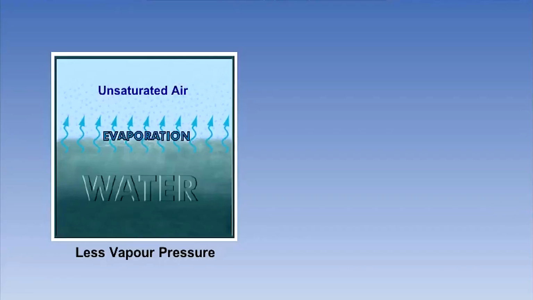Let us consider an enclosed box, half filled with water, with air filling the rest of the box. Initially, the air above the water is unsaturated. There will be a value for the vapor pressure. However, evaporation will immediately start to take place.